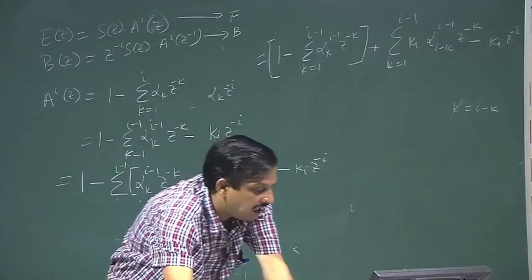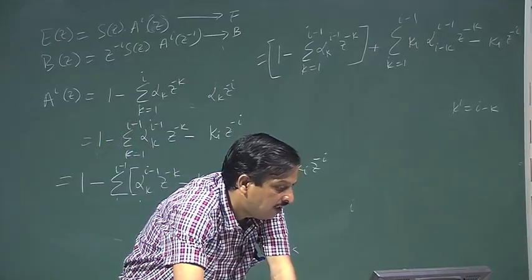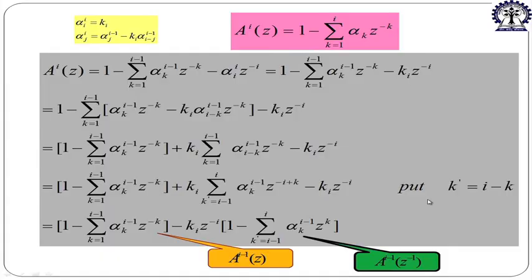So, if I put k dash equal to i minus k, then k goes over the range i minus k, k equal to 1 to i minus 1, and k dash is equal to i minus 1 to i. If you see here, k dash is equal to i minus 1 to i, alpha k i minus 1.